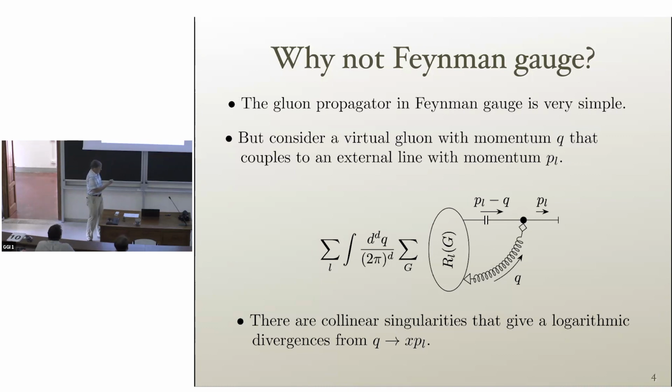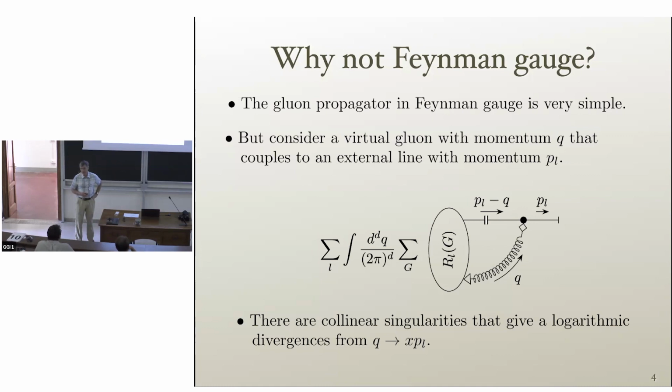My gluon is carrying momentum Q, let's say, into that vertex, and it connects to a line with momentum P_L. So this line here is momentum P minus Q. When Q gets to be collinear with P_L, it's x, some scalar, times P_L, then there's a singularity in the loop integral. And that singularity is enough to give a logarithmic divergence.